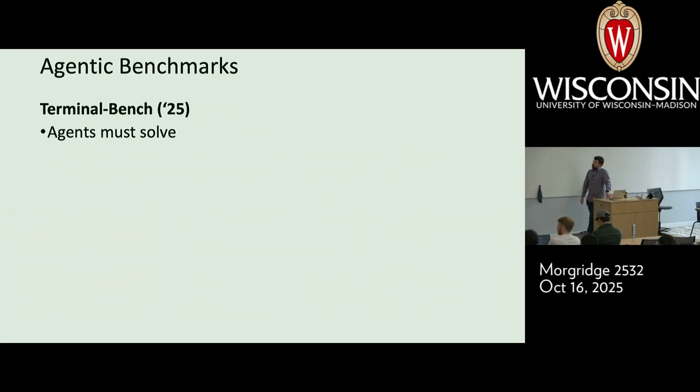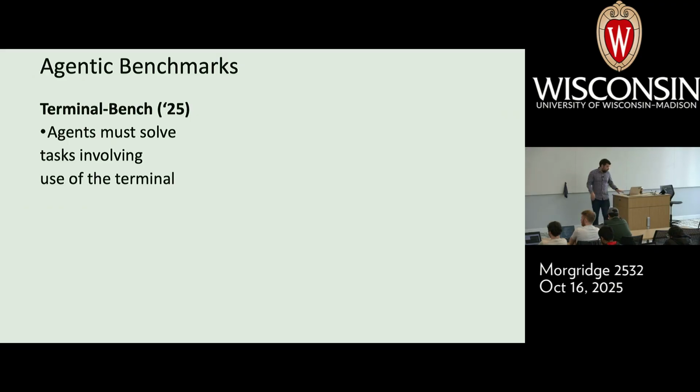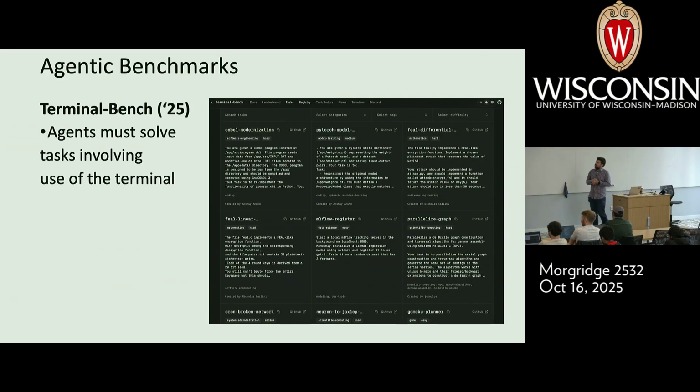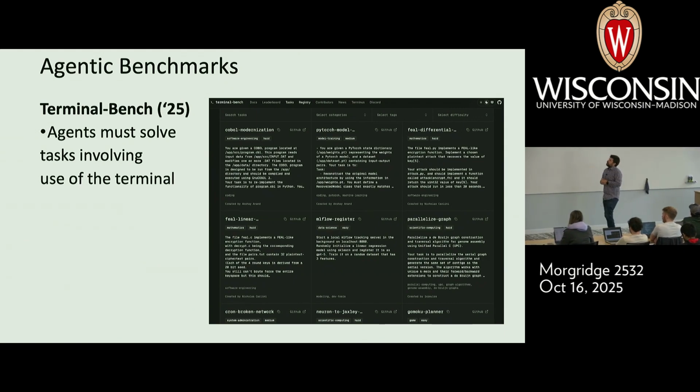OK, let me show another example that's much more recent. This is called Terminal Bench. It's very similar in the sense that each task requires the agent to do tasks that are doable within the terminal. So these tasks can be quite diverse. You can see if you pull up the list, all the different things that can be done out there. So for example, you could have something like very old COBOL code, right? Modernize it.